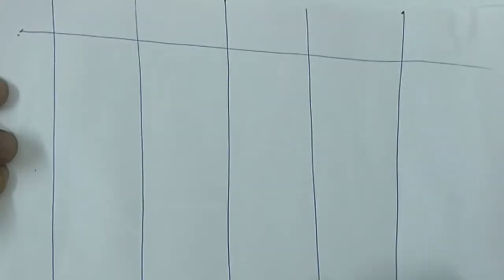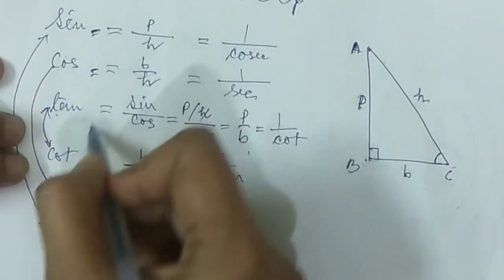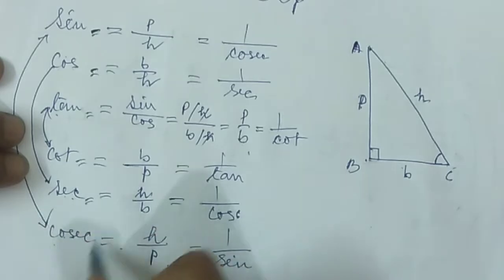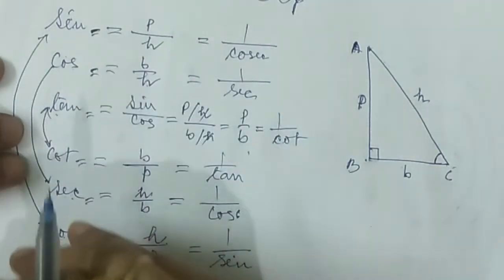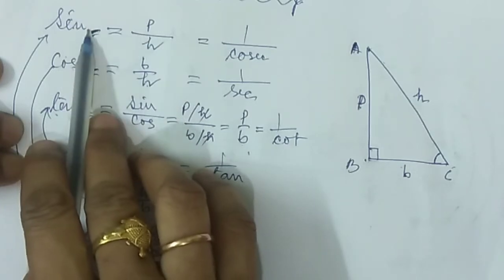Earlier I had mentioned only sine, cos, tan, sec, cosec, but there should be some measurement of the angle that I have not mentioned. It is only the formula, so whatever measurement of the angle you require, you have to put.